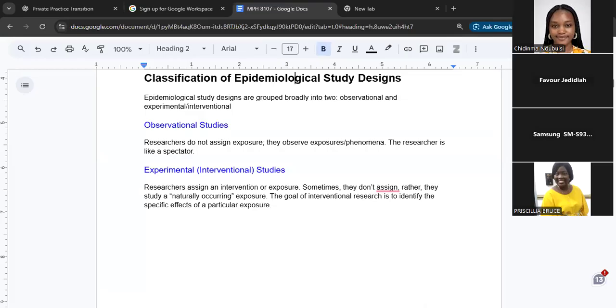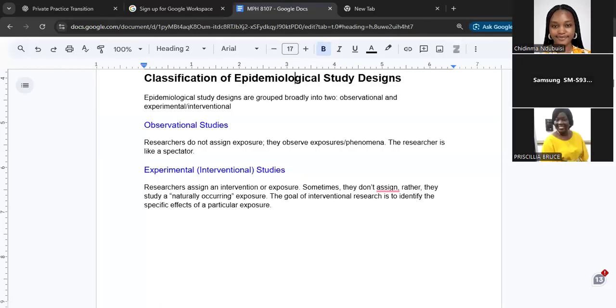Just like the names imply, observational means I just dey observe. The researcher is just watching, to see what's the disease pattern? What's happening in this community? How many people here are vaccinated? How many people here have this particular disease? That's what's happening in observational, right?